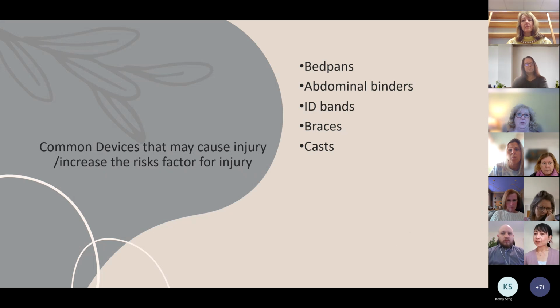Bedpans, abdominal binders. Some of our members have these abdominal binders to keep the tube in place. ID bands also can cause these, braces and casts.